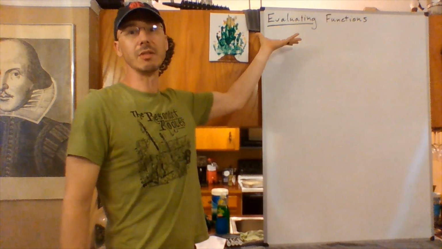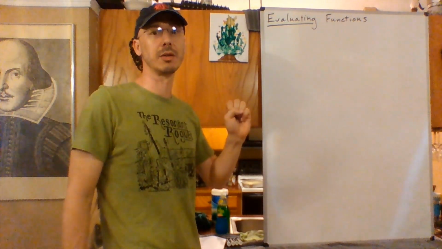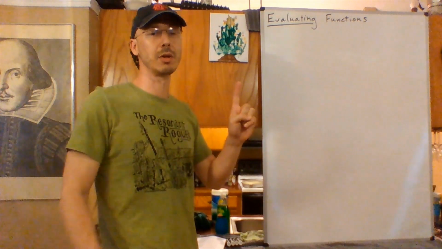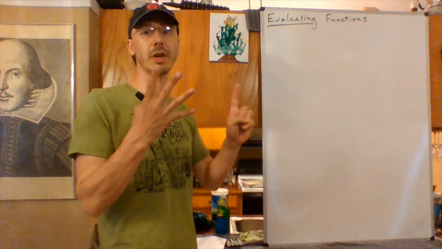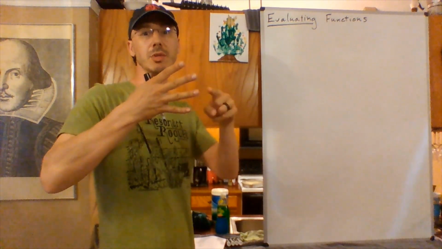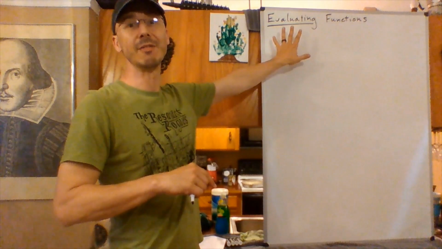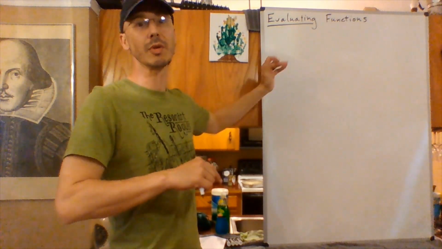In that last example, we already did some of this, but I wanted to give a name to it. It's called evaluating functions. And in that last example, we had one function with 4 different input values. That means we evaluated the same function 4 times. We've already done this. But evaluate, look at the root of the word.